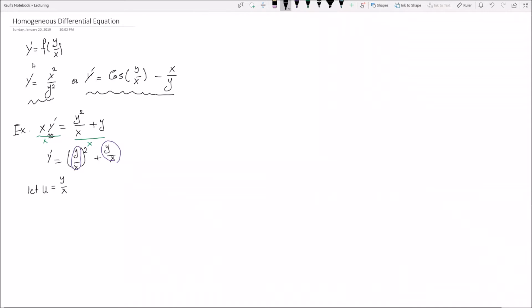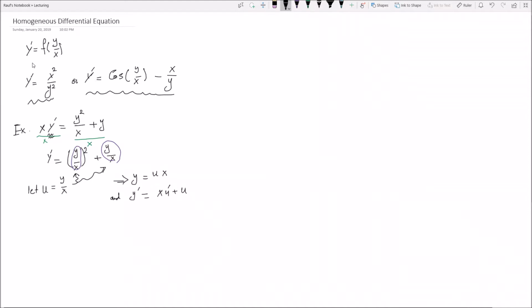Since u equals y over x, this means y equals u multiplied by x, and y prime equals x u prime plus u.